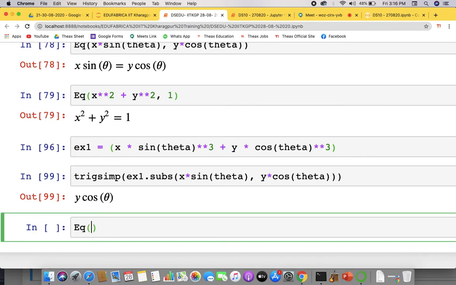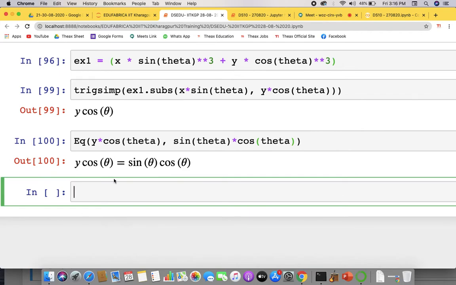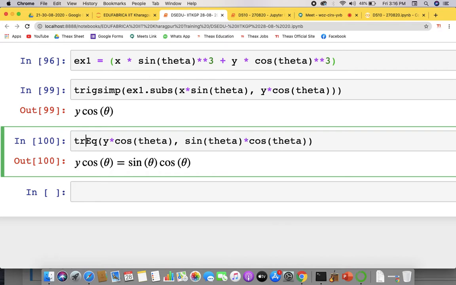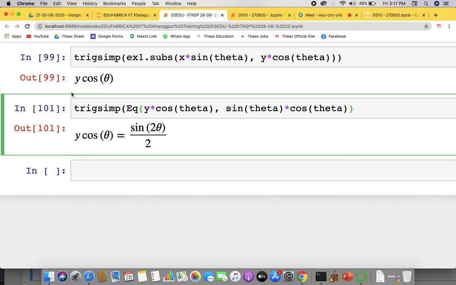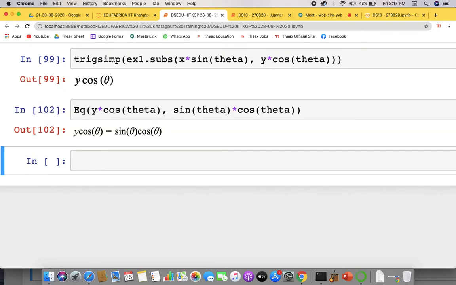The equation now becomes y cos theta equals sine theta multiplied by cos theta, correct? From here, if we simplify, we can say that y is going to be sine theta.